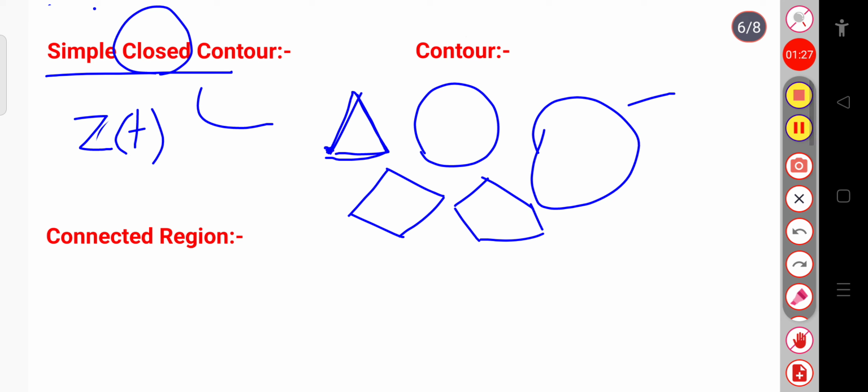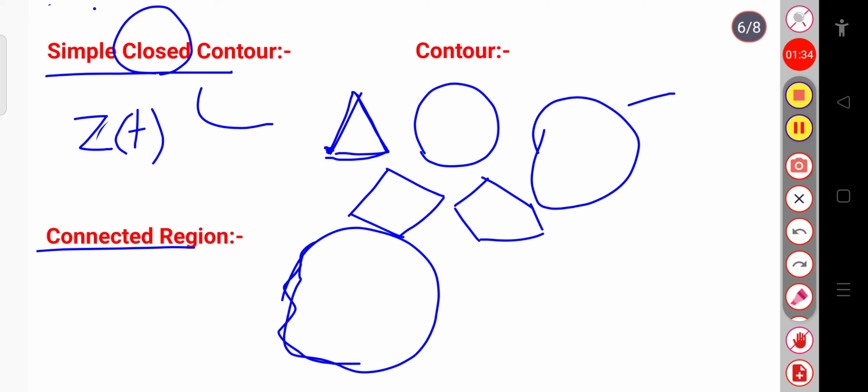Now we will see what a connected region is. Suppose I am considering any region, any shape, this is any region R. This region is called connected if any two points of this region can be connected by a curve, it may be any type of curve, which lies inside that region.